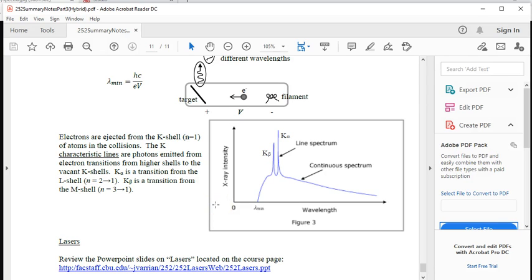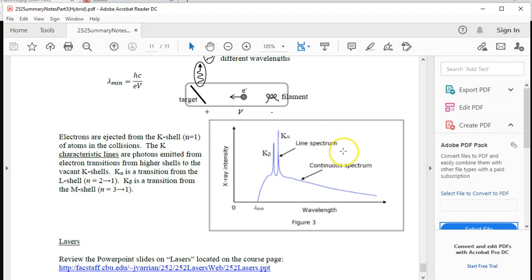K alpha is more probable. So when you have X-ray tubes built for commercial use, you really are using the K alpha photons. That's how they're designed. That's pretty much one wavelength coming out of these tubes if you do some filtering, so that you are selecting these K alphas.